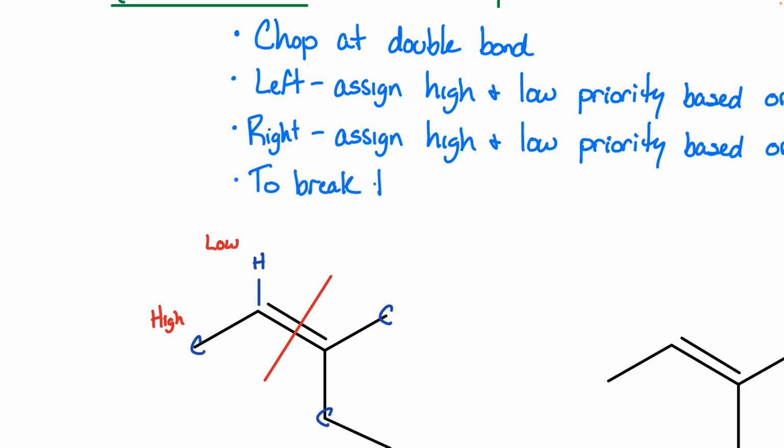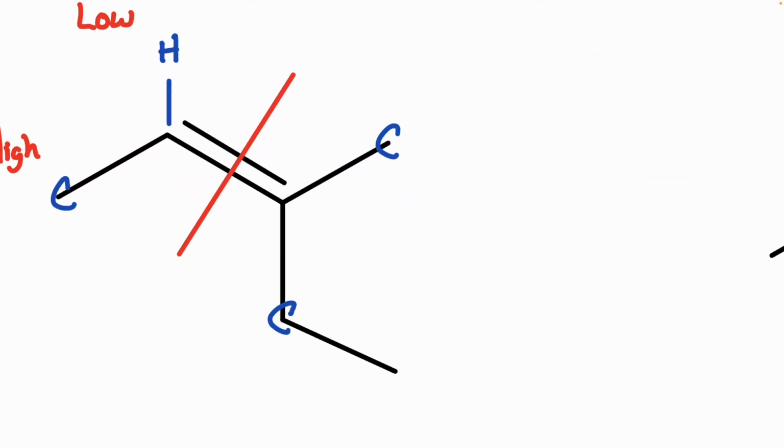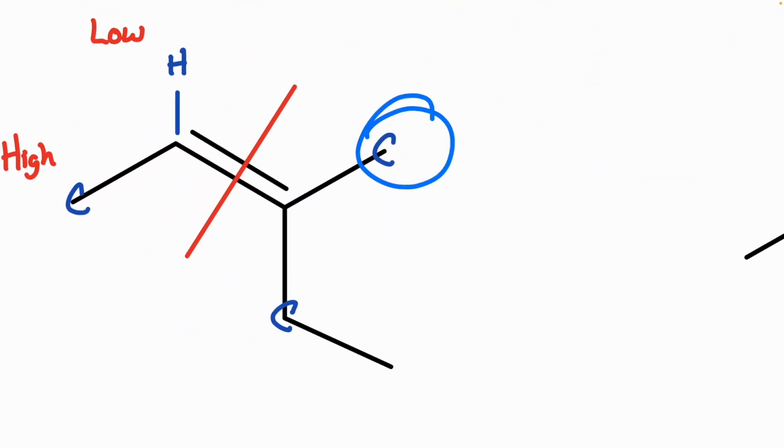To break a tie, we're going to list all the other atoms that are bound. Okay, so what do I mean by that? We said that this was a carbon here. Let's look at this top one, this methyl group. Well, what are the other 3 bonds on that carbon atom? Hydrogen. So what we're going to do is make a list here.